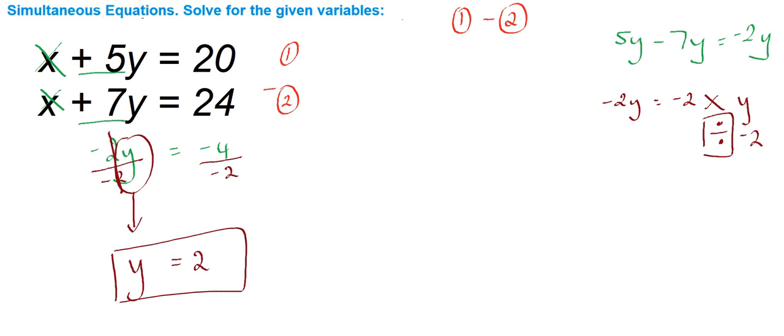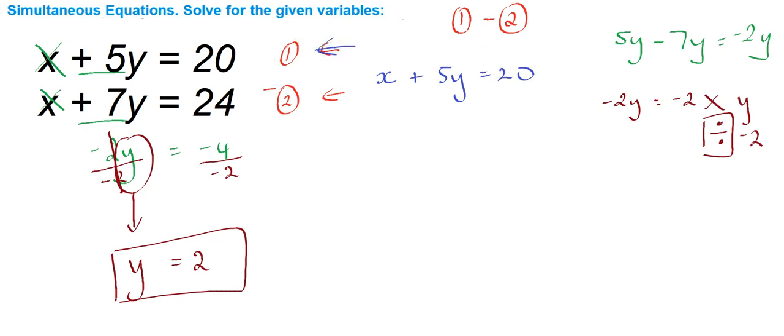To figure out the value of x, I just substitute it into either one of these equations. I want to take the top one because the coefficient in front of the y is smaller in the top one than the bottom one. So I want to rewrite it here, and I want to explain every single step. We're going to start with this: x plus 5y equals 20, right? That's the same as what we started with.